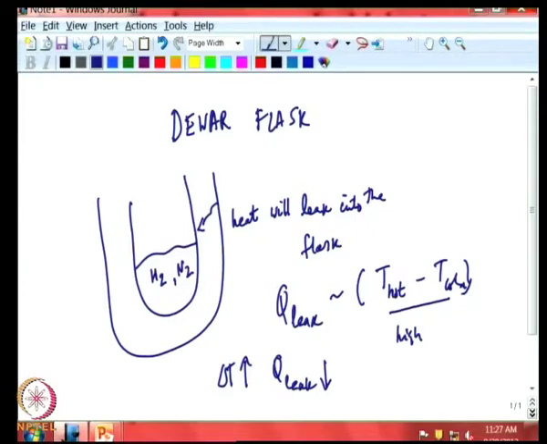So, this shows that radiation heat transfer has some unusual features which make it different from conduction and convection heat transfer. In conduction and convection heat transfer, in most situations you can be quite sure that if the temperature difference between the two objects increases, then the heat transfer between them by conduction or convection will be larger.